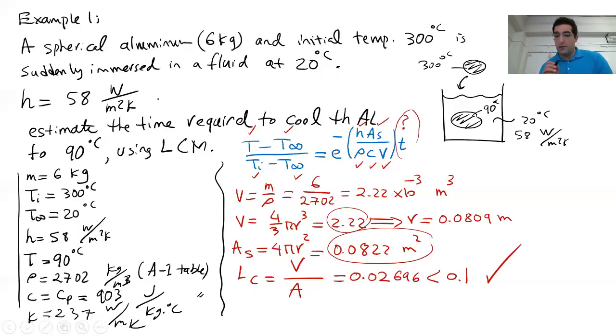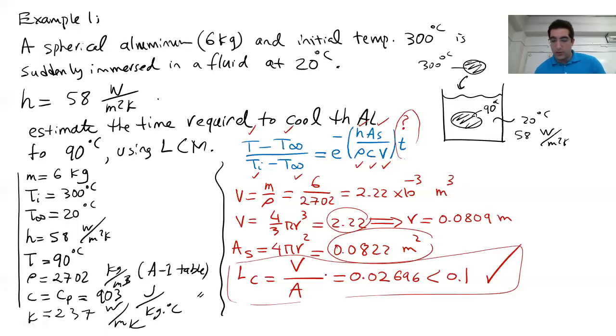So in homework, in exams, in quizzes, I want you to show the check process and make sure. Oh, sorry, this is Lc. We still should go ahead and calculate the Biot number. My bad. So once I have Lc, I can put it here. Hopefully the Biot number is less than 0.1. Biot is h Lc over k.